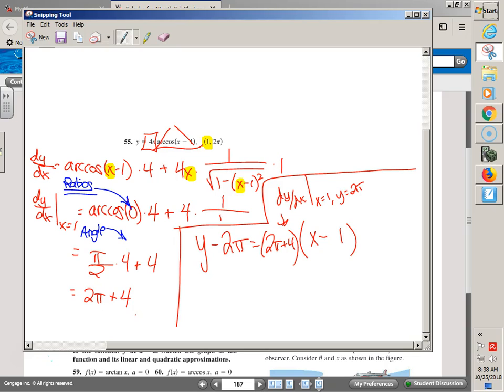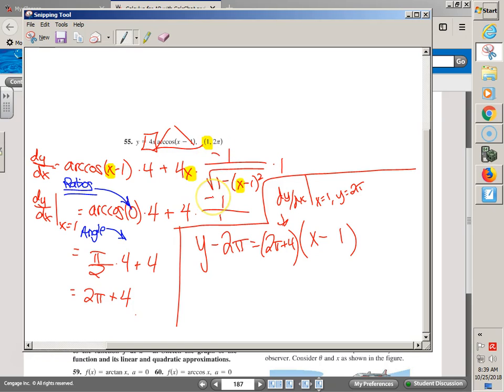Did they simplify? Anyone who has it? Like get y by itself? Yeah. Double checking real fast. We're plugging in 1, right? Oh, I put my negative in my formula.